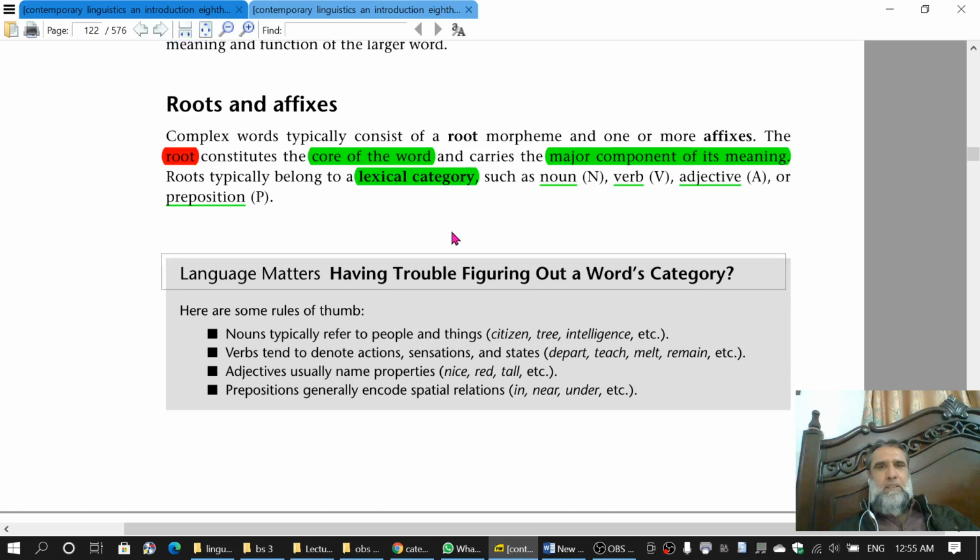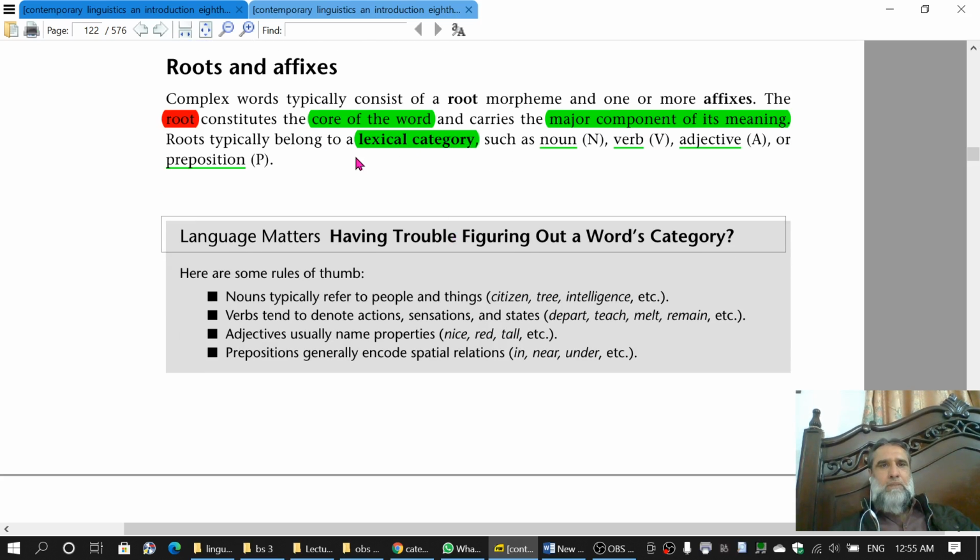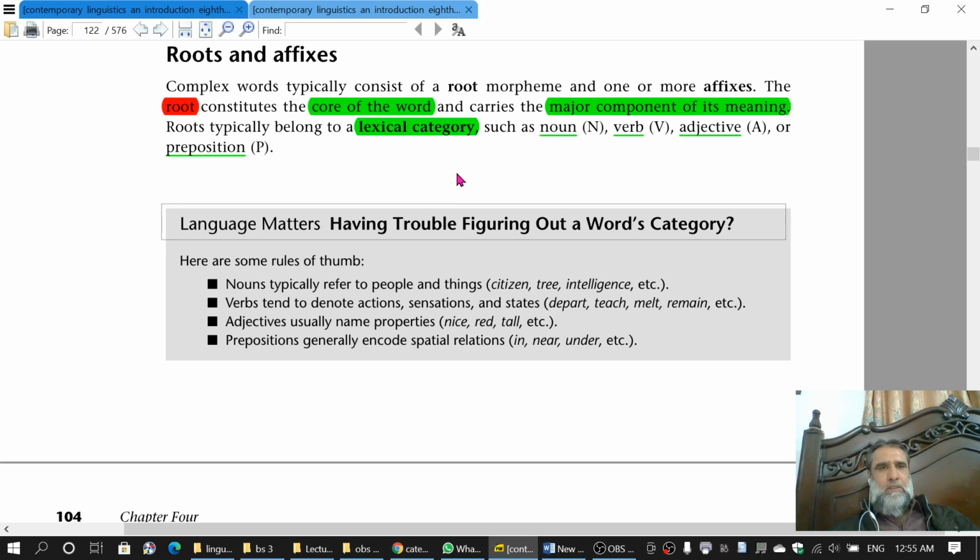The next quality is that it often belongs to a lexical category. The lexical category means that it is either a noun, verb, adjective, or a preposition. These parts of speech belong to the lexical category, and as a result, we say that the root belongs to the lexical category. So this is the explanation of root, that in complex words we have more than one morpheme.